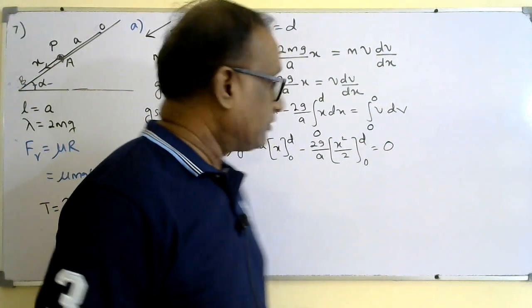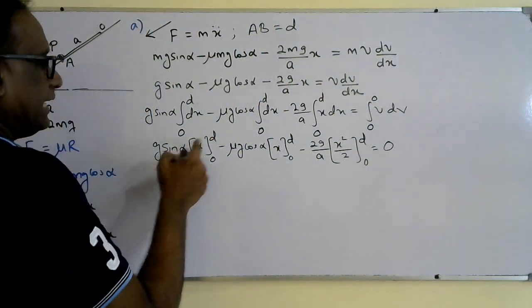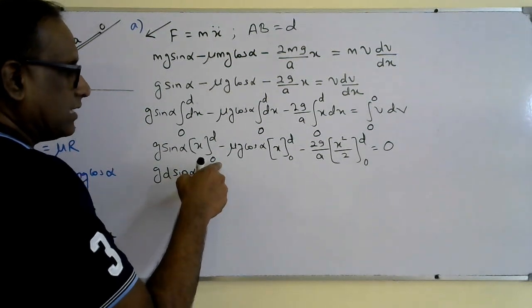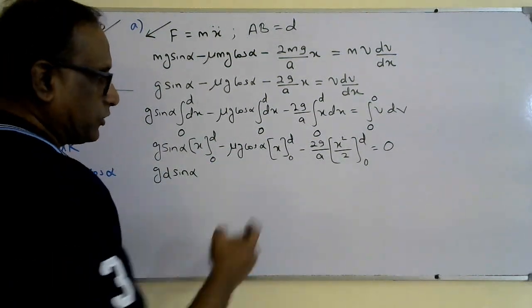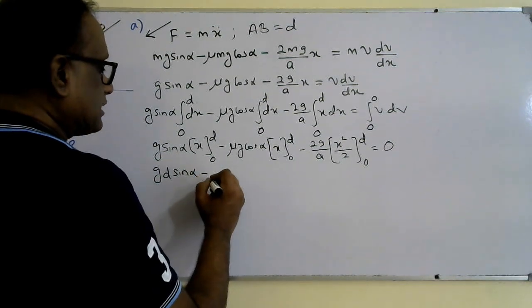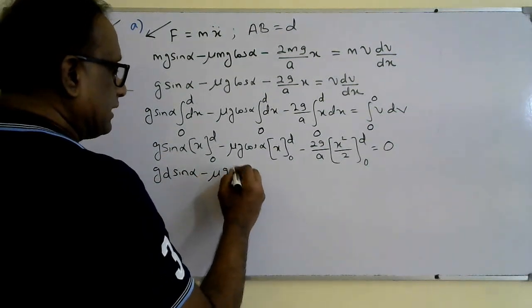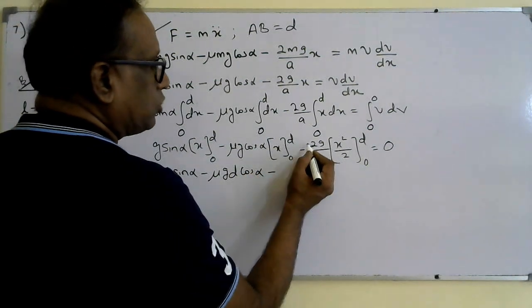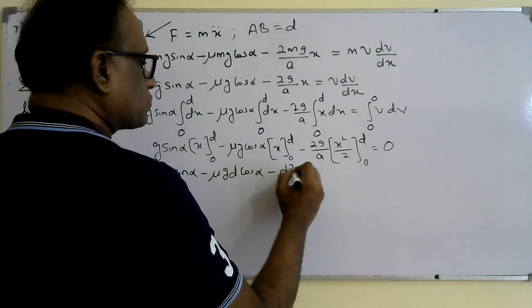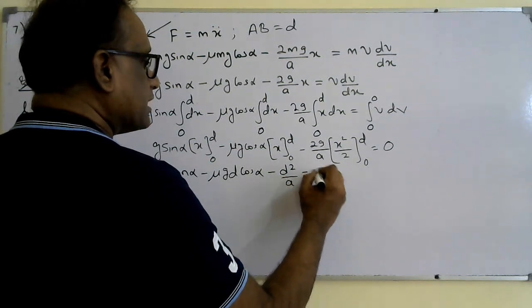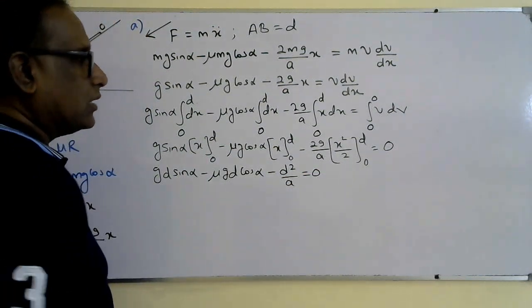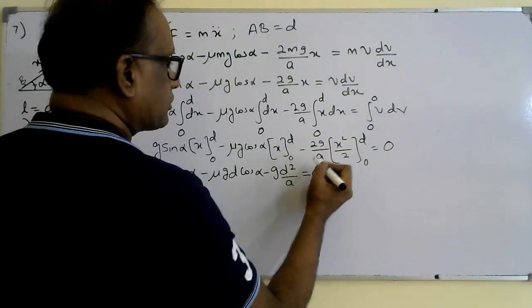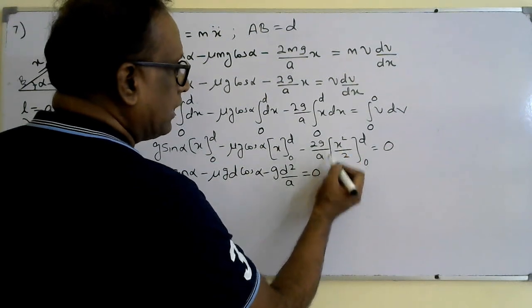I put the 0 now itself. Okay, we'll continue. So g d sin alpha, when you put 0, x will become 0, so I don't need to consider those values, minus mu g d cos alpha, minus g d squared over a, the 2 and 2 getting cancelled, equals 0.